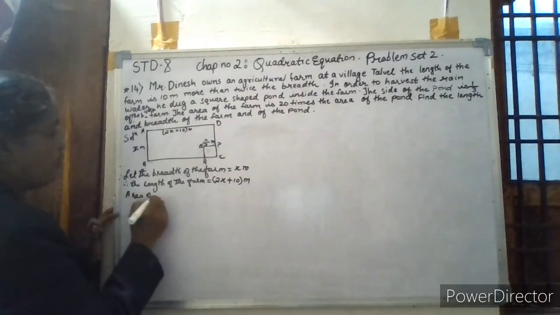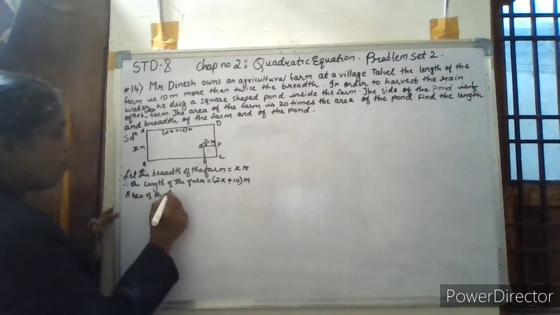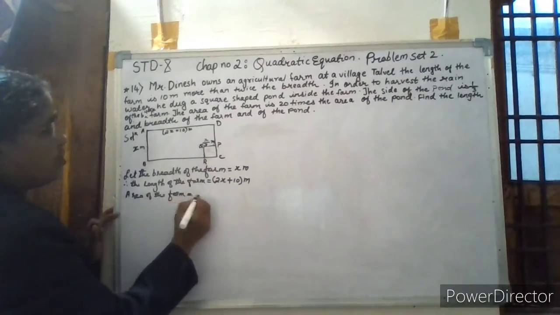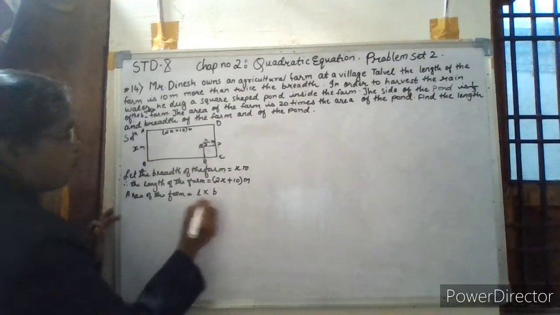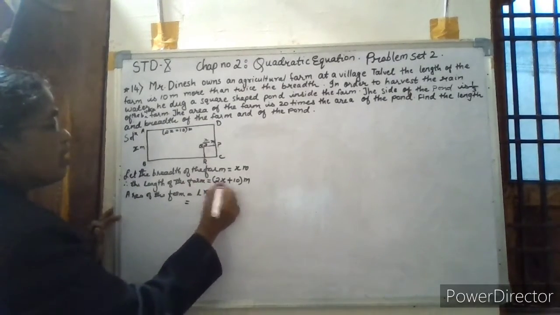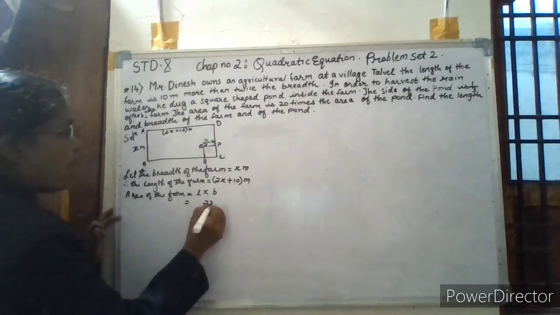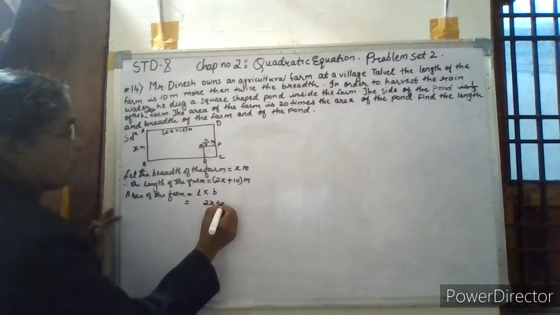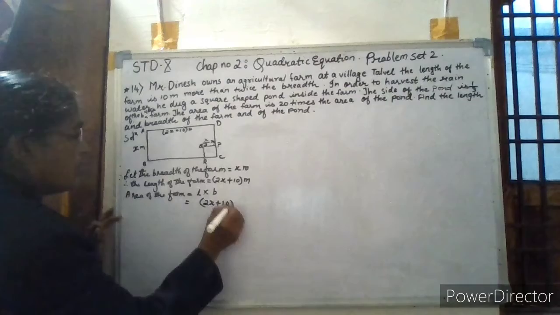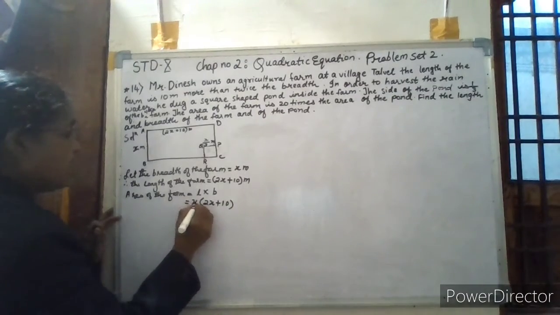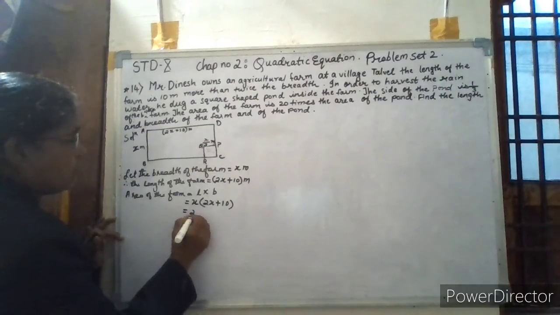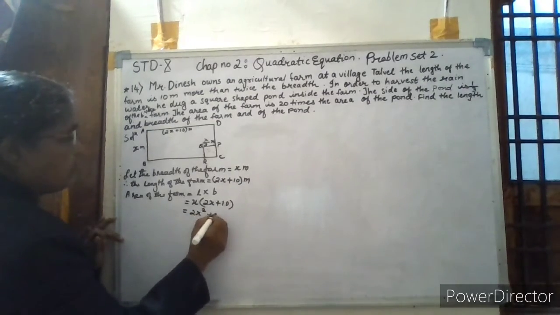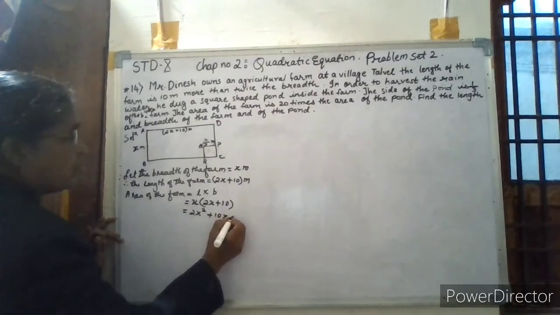Area of the farm is equal to length into breadth because it is rectangular shape. So length is twice the breadth plus 10, into breadth x. So it is equal to 2x squared plus 10x square meter.